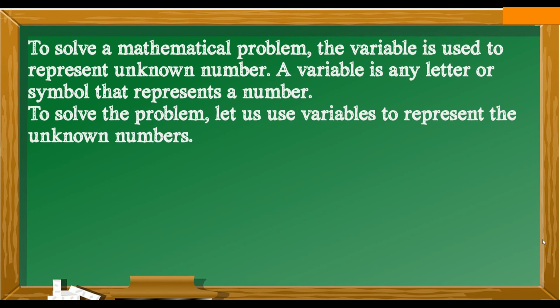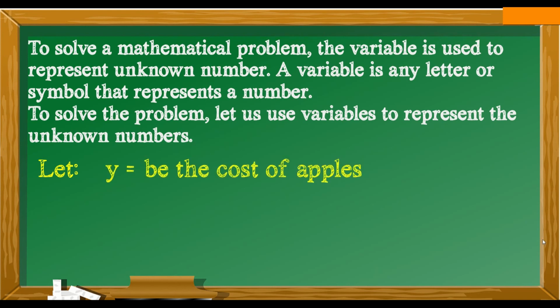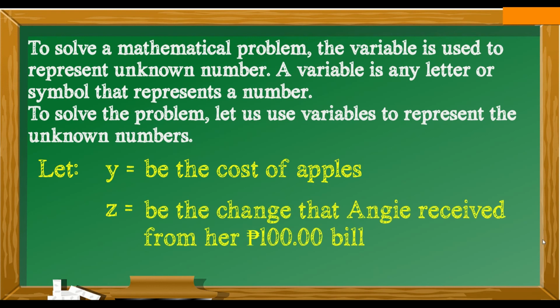We need to find first the cost of the apples. So let y be the cost of apples, and let z be the change that Angie received from her 100 peso bill.